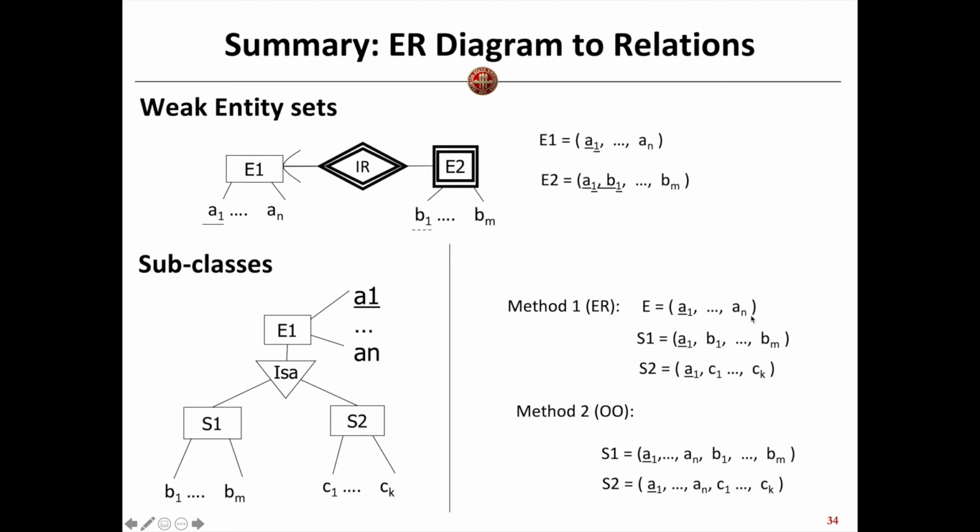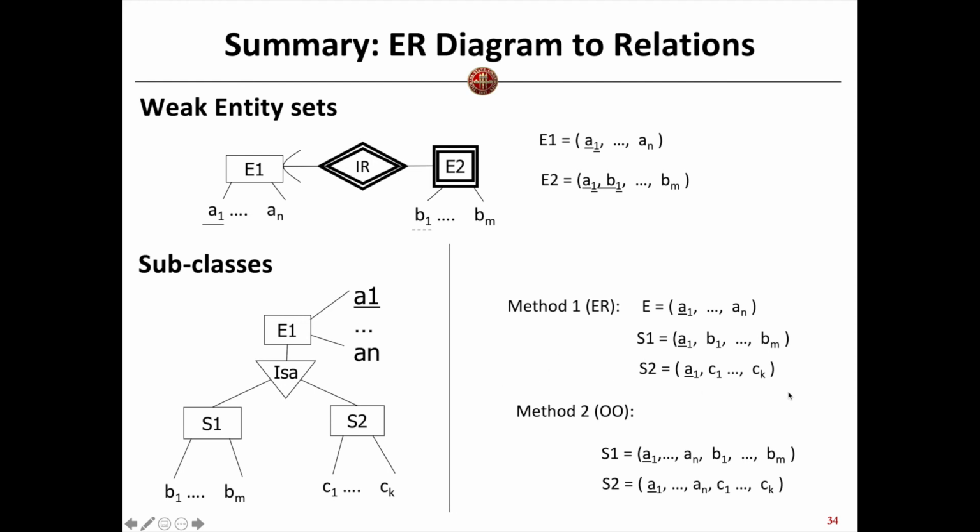We have E1 as a regular entity relation after the translation, and we have S1. We add A1 as a key attribute. We have B1 to BM as the remaining attributes, and we have S2. We add A1 as a key attribute, C1 to CK as the remaining attributes. This is called the ER approach.